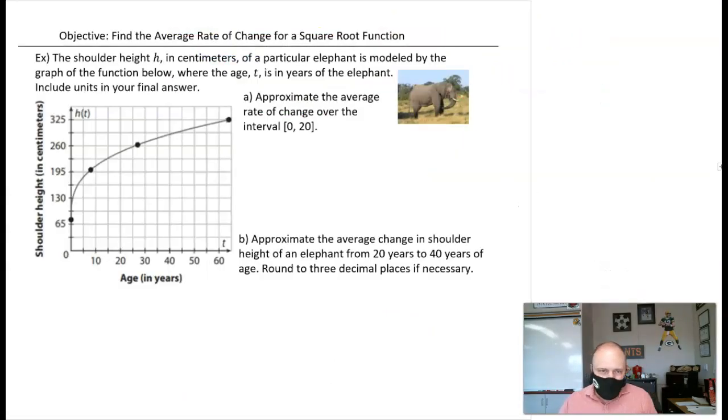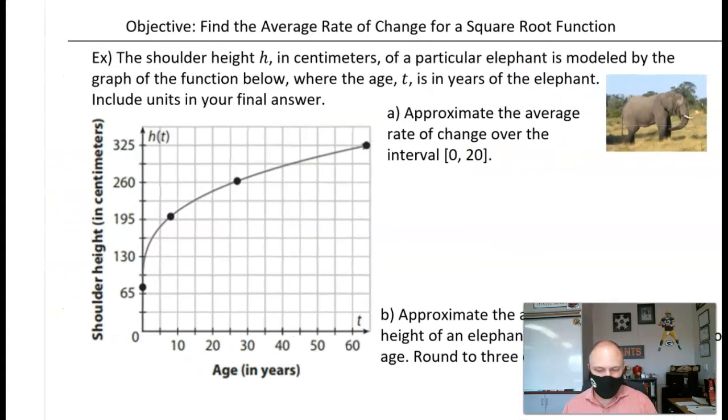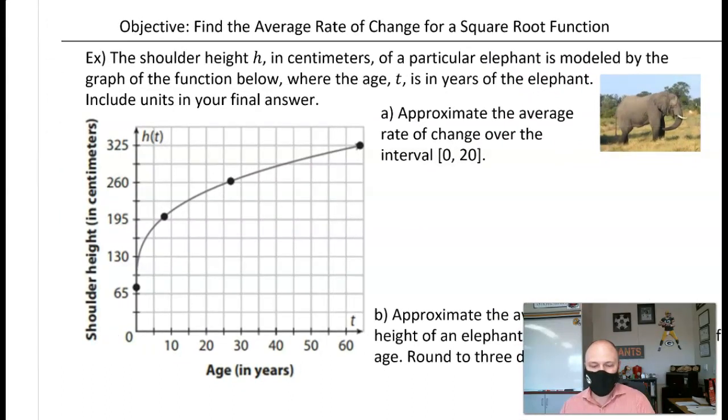All right, let's go ahead and look at our first example. In this example, we're given a context as well as a graph. So I can have a storyline supported by some data points that correspond.